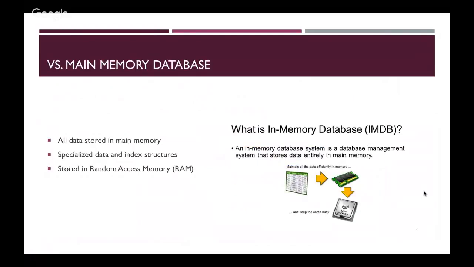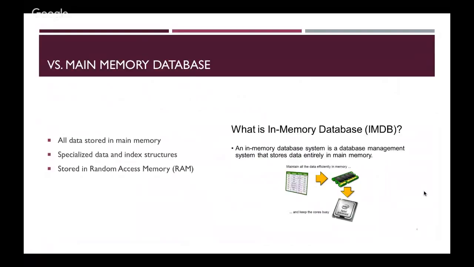Versus main memory database, which is in-memory database. With that, all data is stored in main memory. So there's no need to perform the disk input output to query or update data. The data is persistent or volatile depending on the in-memory database product.